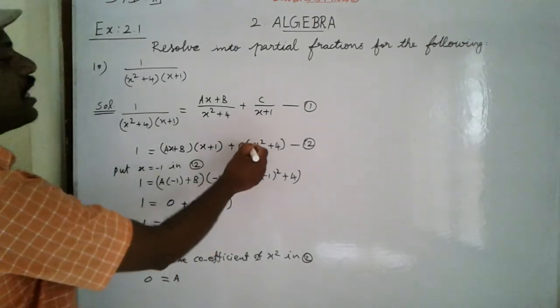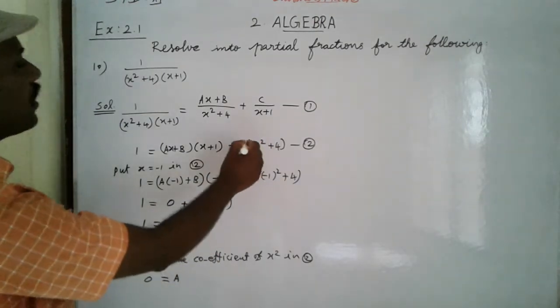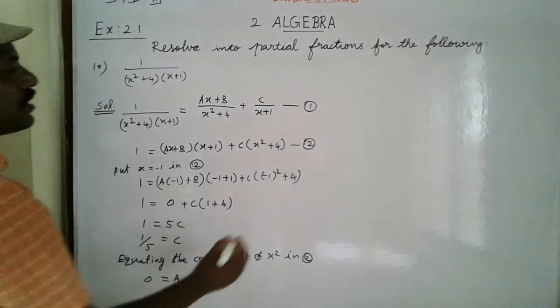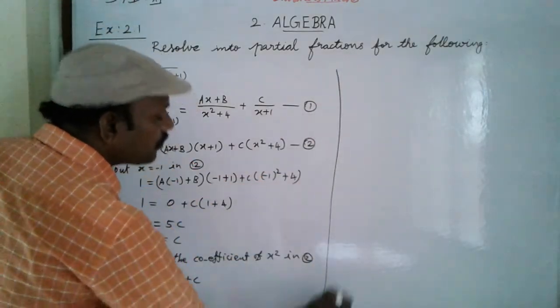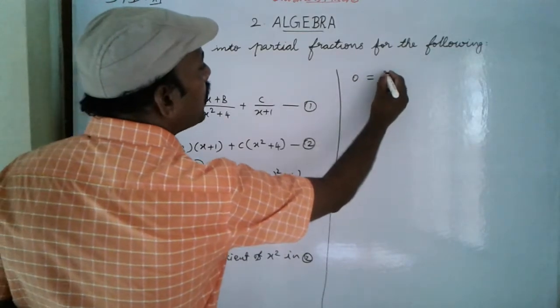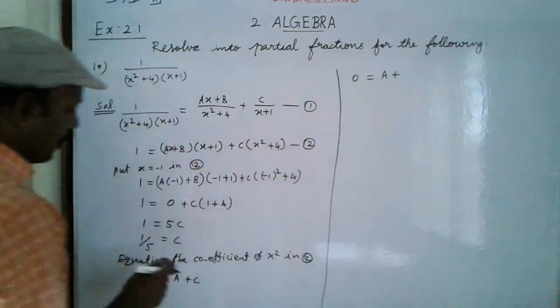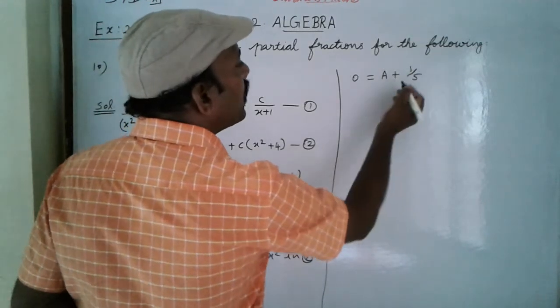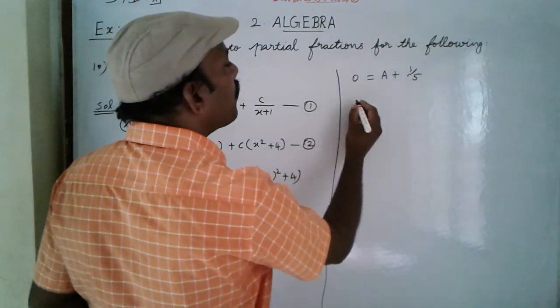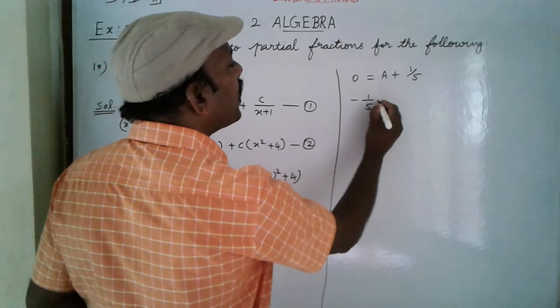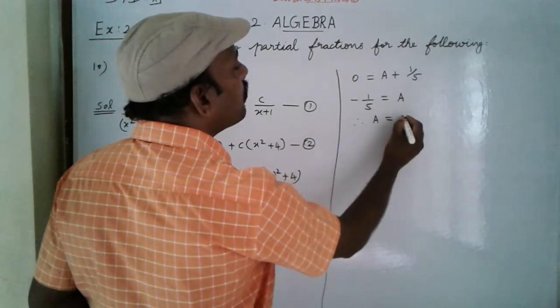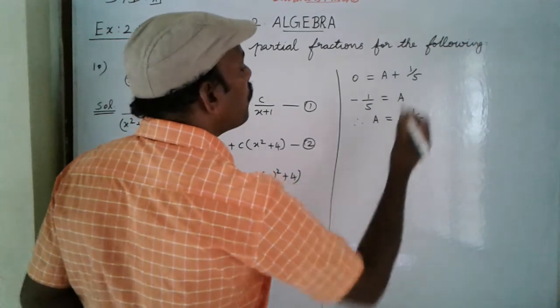Next c into x square is cx square, the coefficient of x square is c. So 0 equal to a plus c. Substitute the c value already found, 1 divided by 5. Taking 1 by 5 to the left hand side, minus 1 divided by 5 equal to a. Therefore a equal to minus 1 divided by 5.